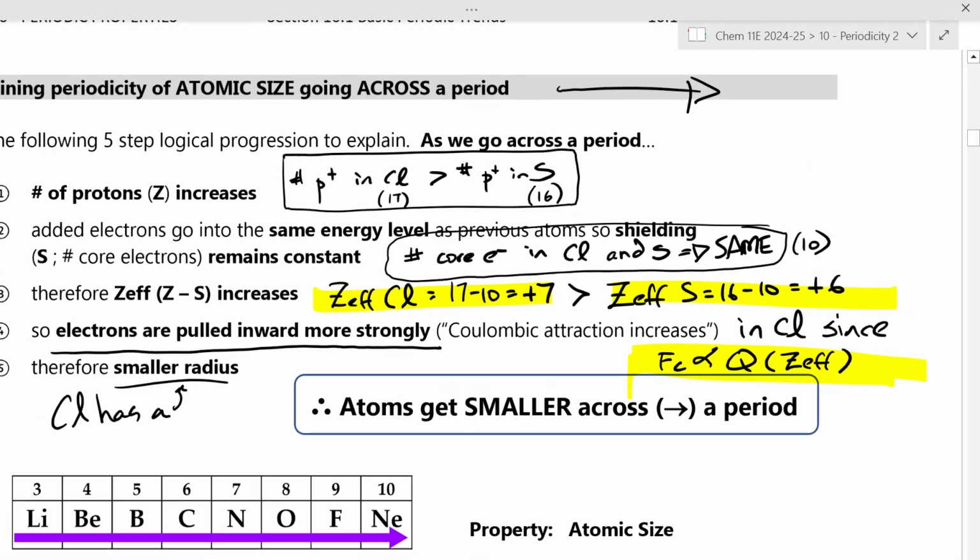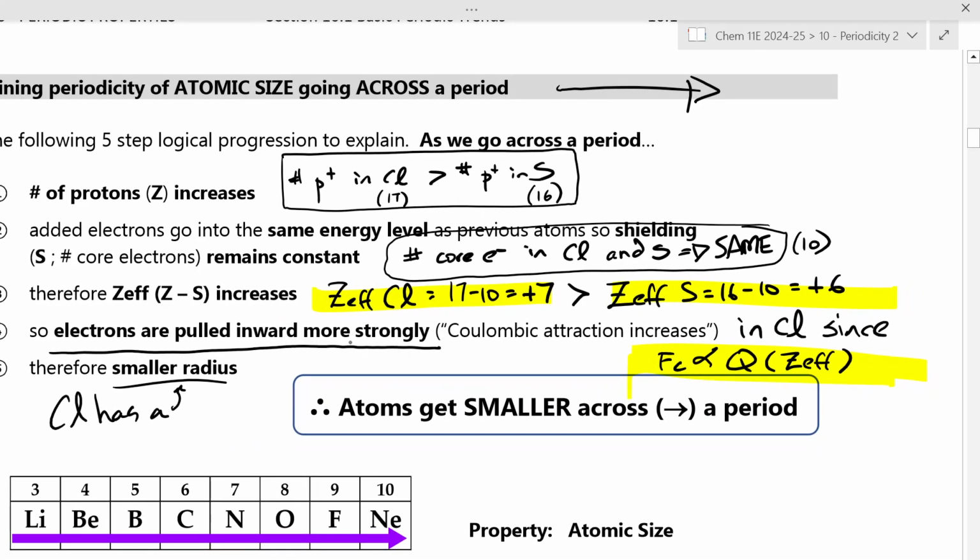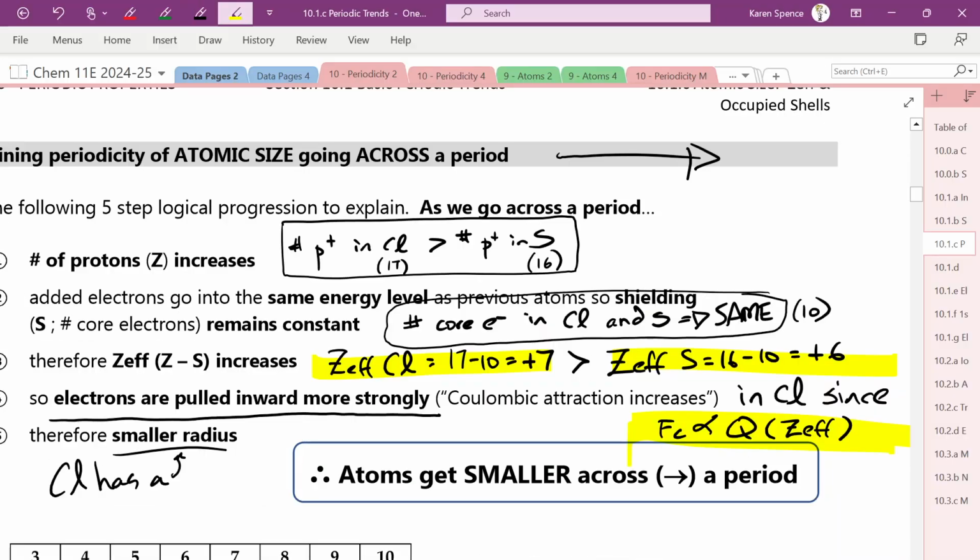And so therefore, the electrons are pulled inward more strongly in chlorine, since Coulombic attraction is proportional to Zeff, and therefore chlorine has a smaller radius.